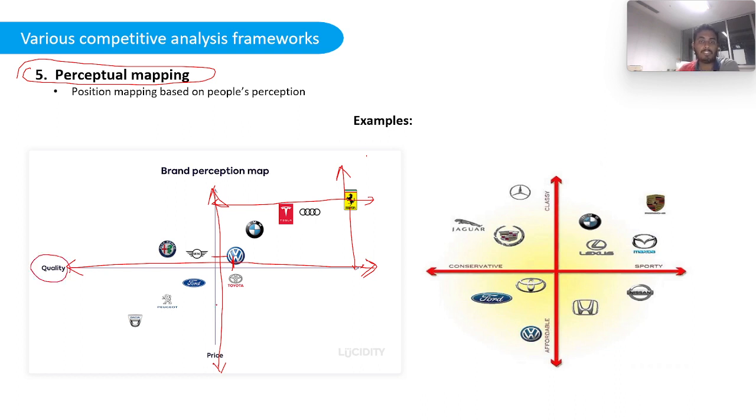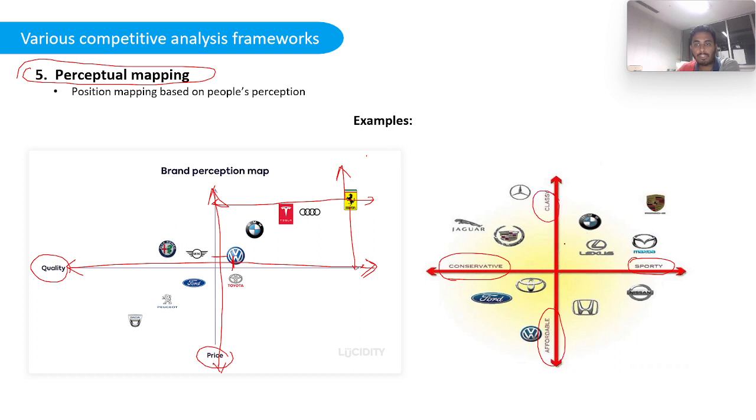You have to check the position of a particular product. For example, for cars, you are trying to see the position of a particular company in terms of price and quality. Similarly, you can also position the car based on the nature of its design, for example a sporty car versus a conservative car versus an affordable car versus a classic car.